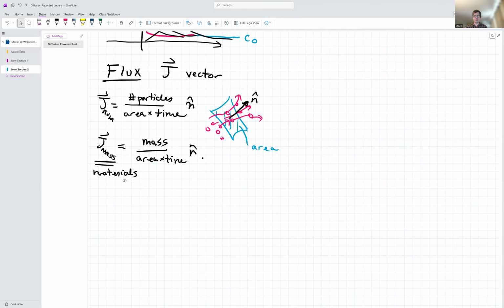Okay, so what do we learn about this? We actually can derive a law from it based on this idea of the random walk.